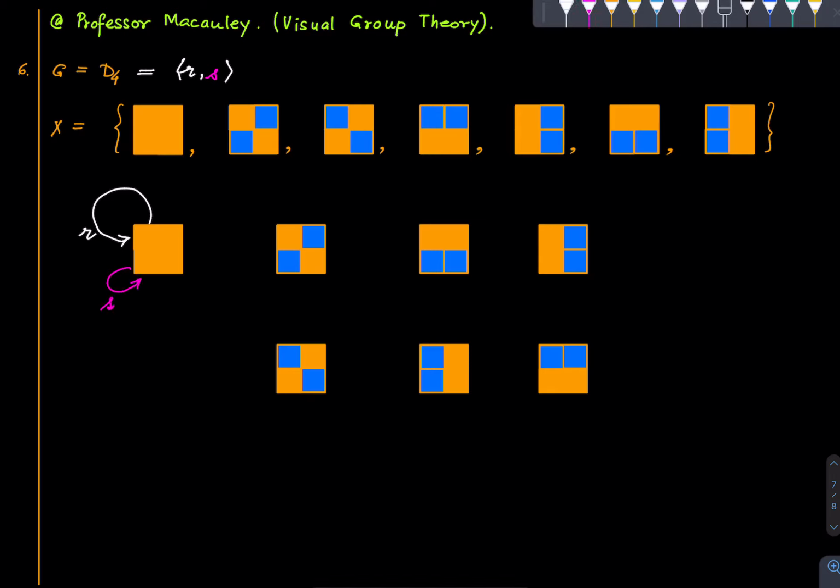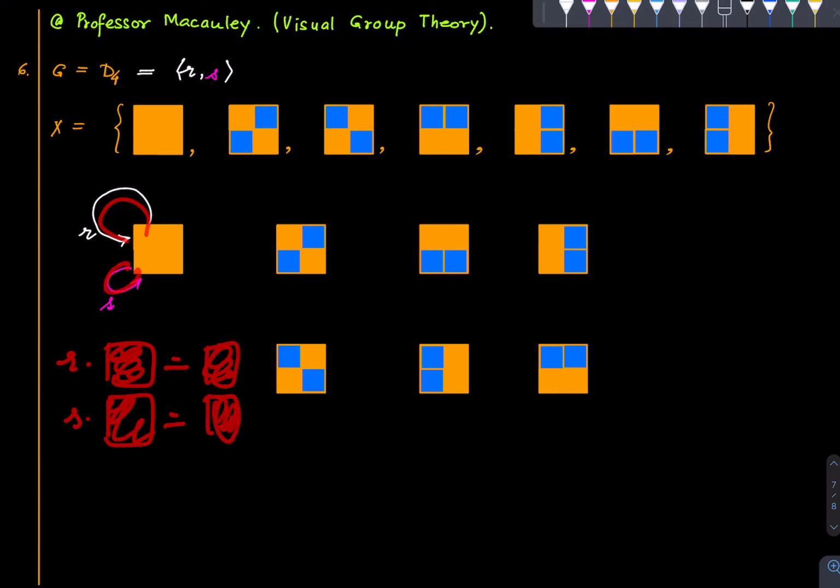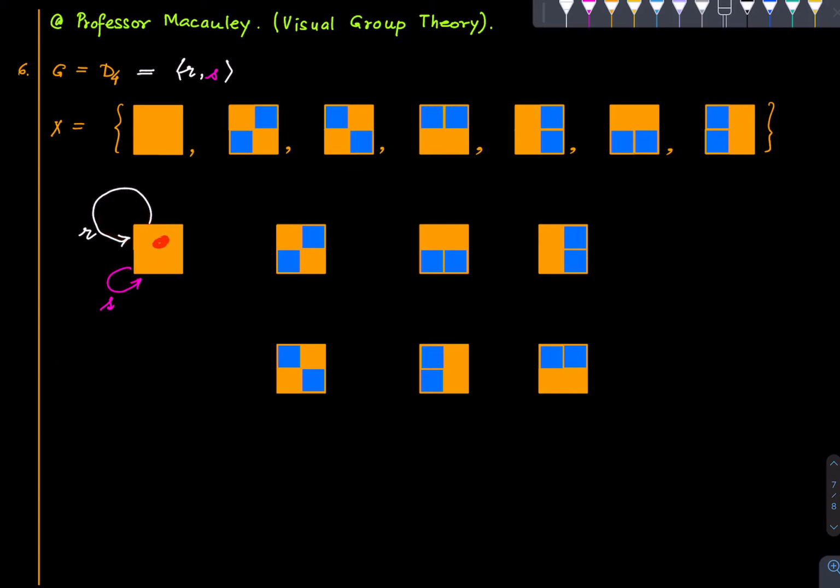And when I make these arrows, I just mean that r dot this orange thing is this orange thing, and s dot this orange thing is this orange thing. So that's what these arrows mean. If you start with this and apply r to it, meaning dot it with r, you get this guy back. And if you start with this and dot it with s, you get this thing back. So that's the definition.